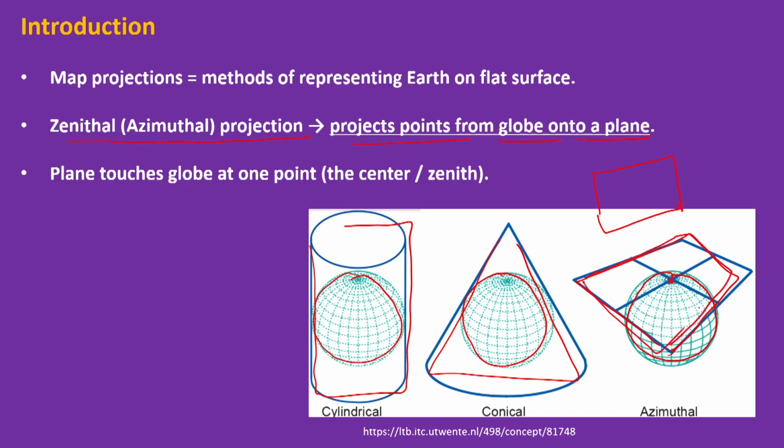When you look at cylindrical projection, we have covered the entire equator region, whereas in conical we have covered mid-latitude countries, whereas in zenithal projection we will be just selecting any one point on the globe and we will start projecting. That is known as zenithal projection. The plane touches the globe at one point, the center or zenith.